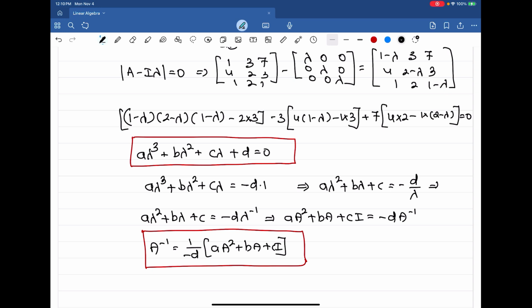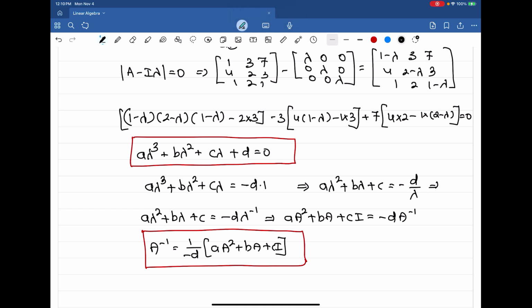And the characteristic equation is so and so, and the inverse is so and so from the characteristic equation. If somebody asks us to find out A into lambda cube plus B into lambda square plus C into lambda, that is A cube plus B A square plus C A is equal to what, that will be minus D into I.